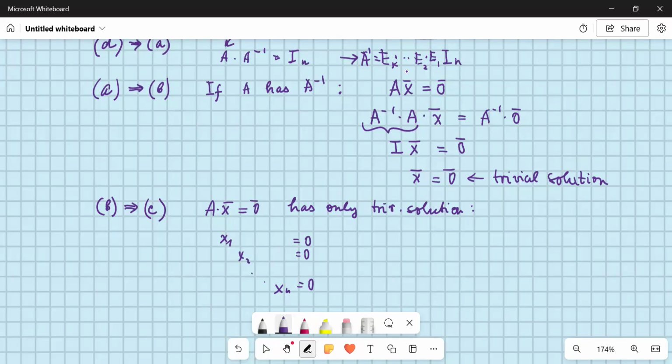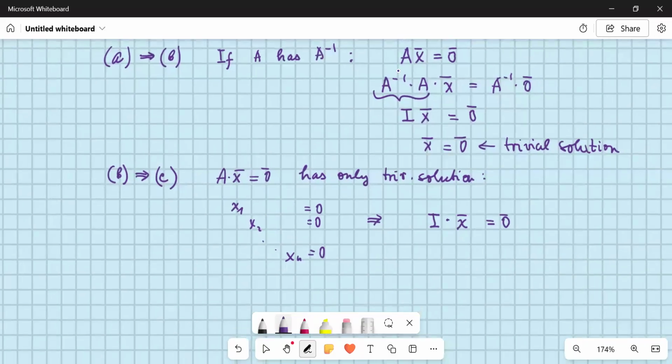Because I'm trying to imagine that when x1 equals 0, x2 equals 0, it's going to look for me as a product of I times x equals 0, right? Just like if you imagine the identity matrix, what is the identity matrix? It consists of all ones. Well, what does it mean?